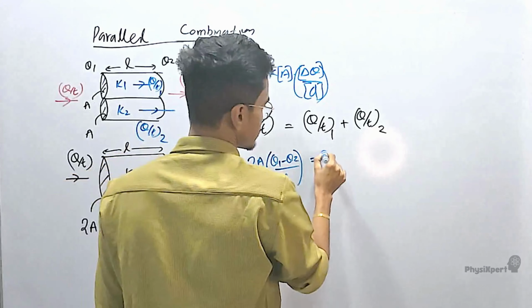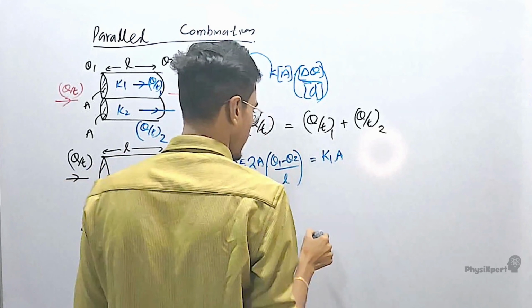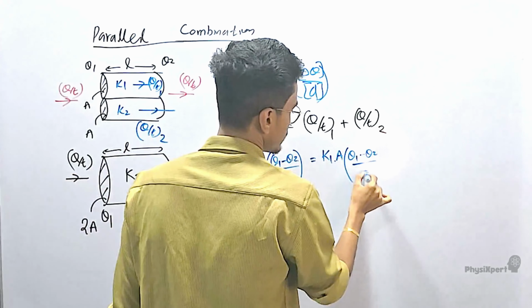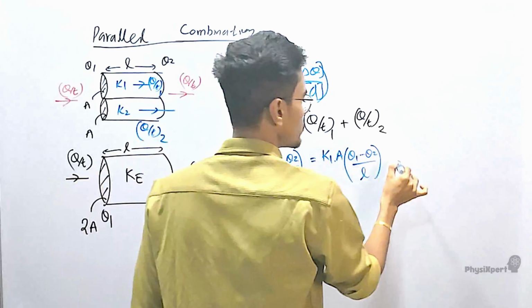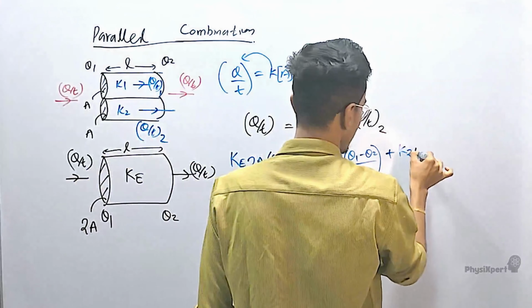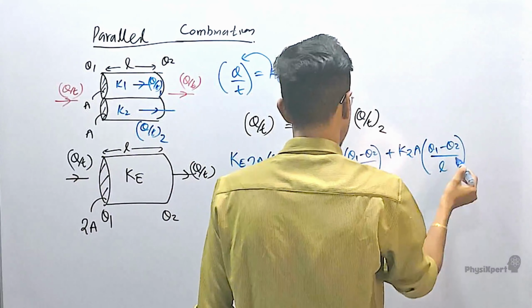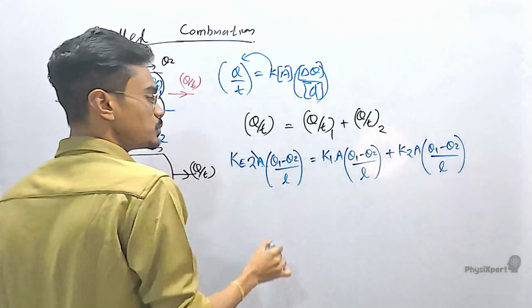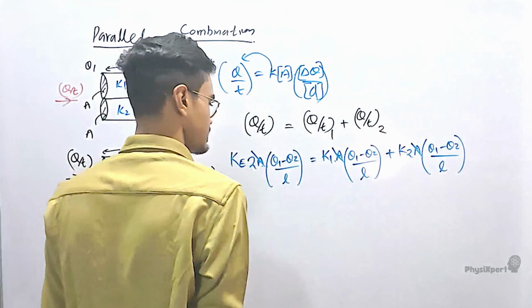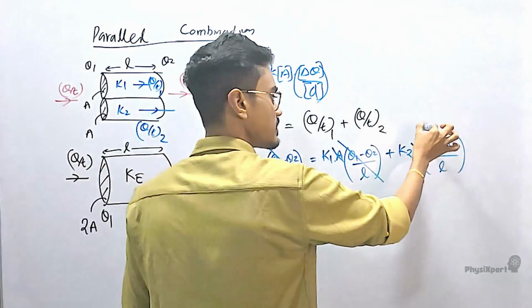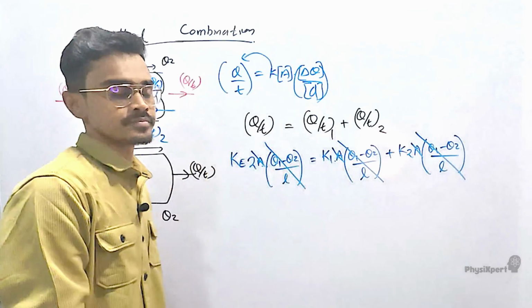For Q over T1, K1 A theta 1 minus theta 2 over L. For Q over T2, K2 A theta 1 minus theta 2 over L, right? A, and theta 1 minus theta 2 over L cancel, right?